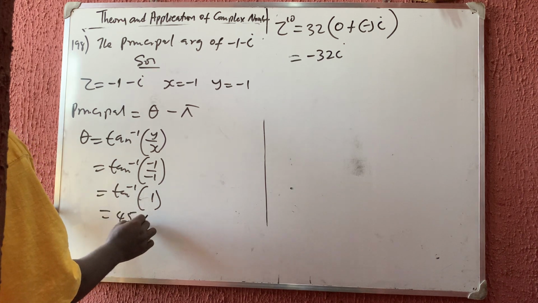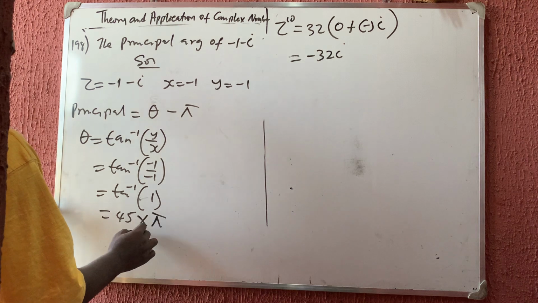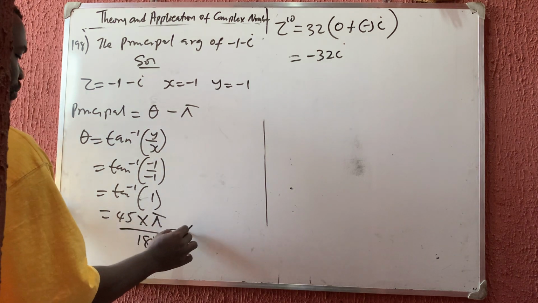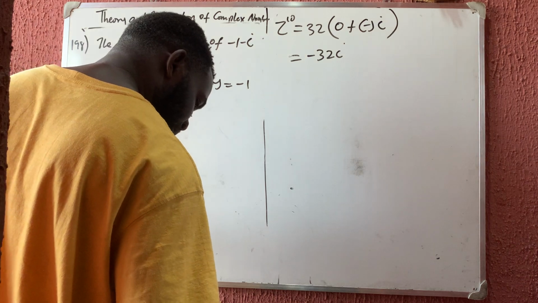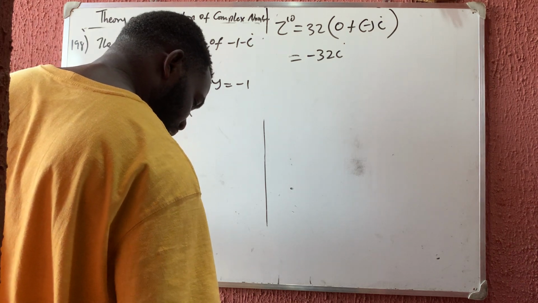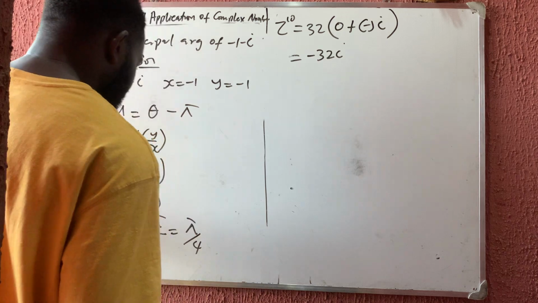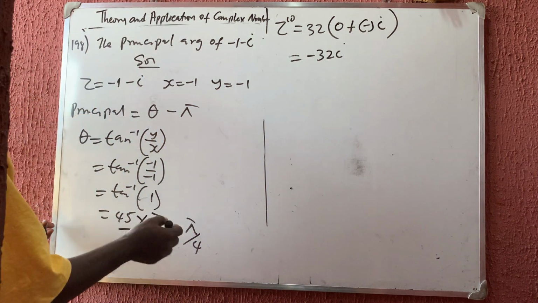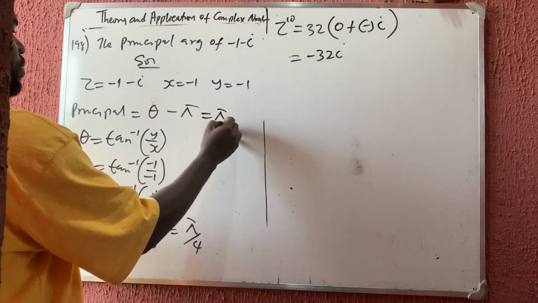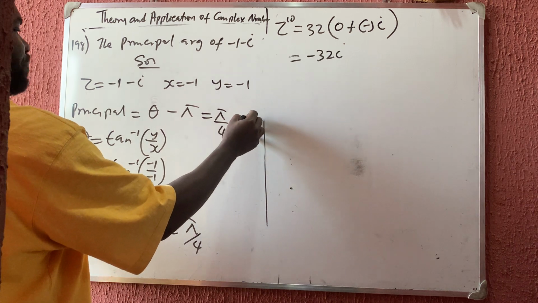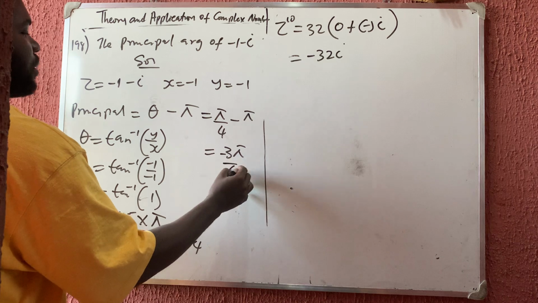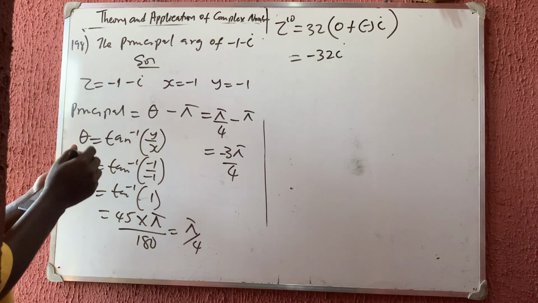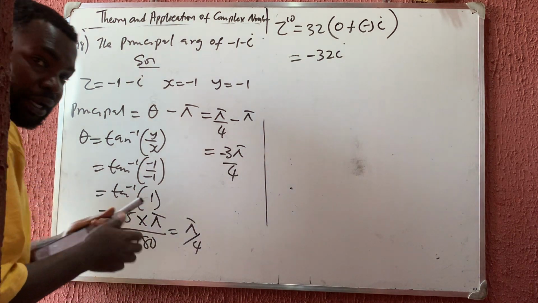Convert it to radian, you have times pi over 180, so 45 divided by 180, which is pi over 4. So the principal argument will now be pi over 4 minus pi, which will give you minus 3 pi over 4. Minus 3 pi over 4 is the principal argument.